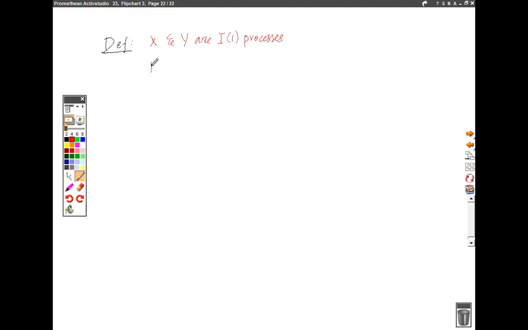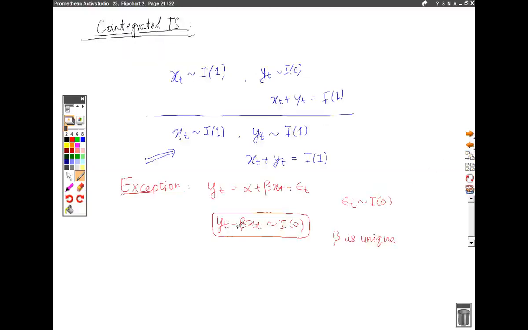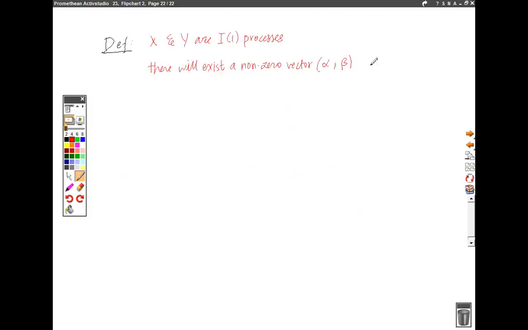And again, you have to remember that the vector is going to be a non-zero vector, and I'll tell you what alpha and beta are in a while. So remember, here when I wrote YT minus beta XT, and if I'm comparing that equation with something like this, what will my alpha and beta be?